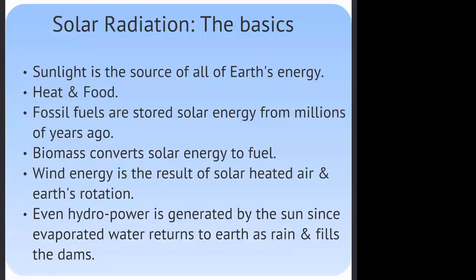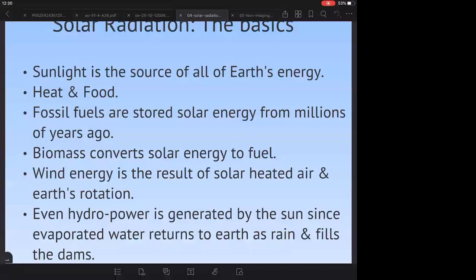Biomass converts solar energy to fuel, and biomass, as we talked about in our first lecture, refers to dead trees and organic matter. Wind energy also is a result of solar in the sense that air is heated, and because of Earth's rotation, there's wind that flows from one place to another because of changes in pressure.